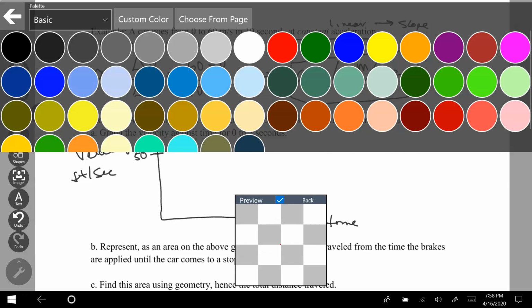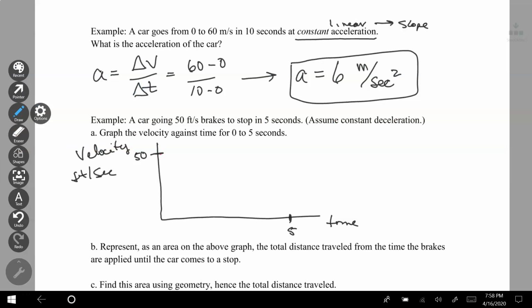And I can't use a straight edge, but I'm going to do the best I can. Imagine that is a line. So this idea of being constant means it's linear. That means this slope here is the acceleration.